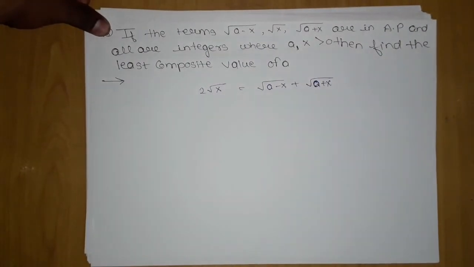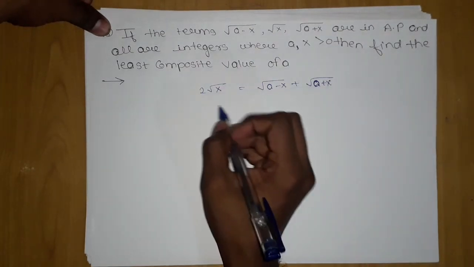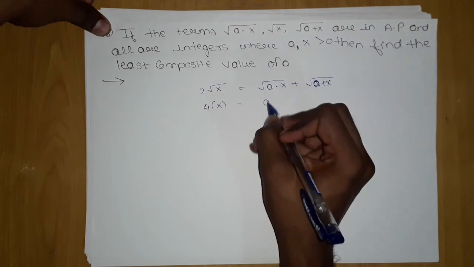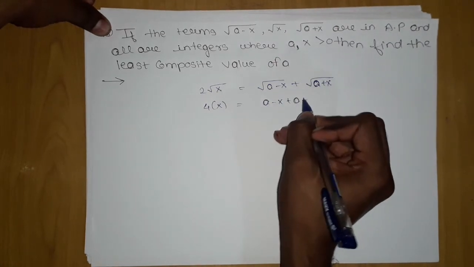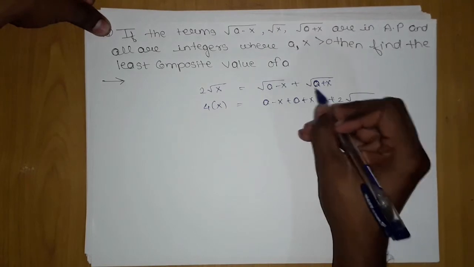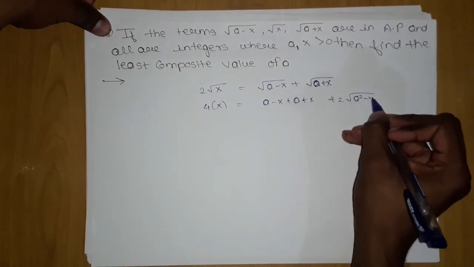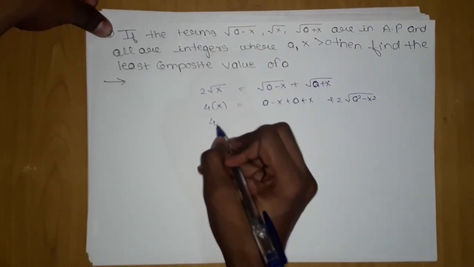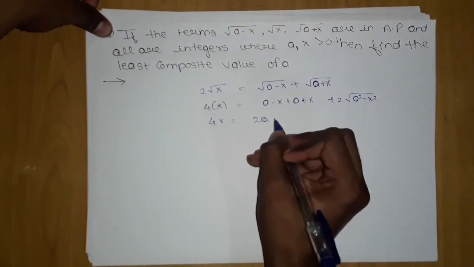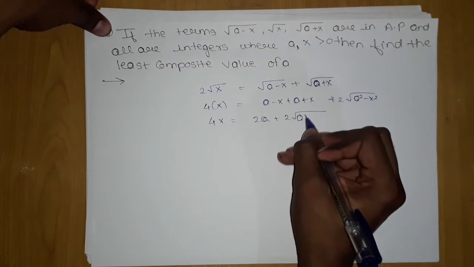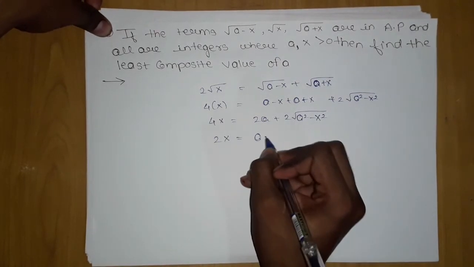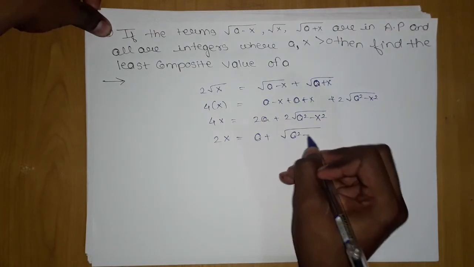Now if you square both sides, 4 into x should be equal to (a minus x) plus (a plus x) plus 2 into under root of the product, which will become a square minus x square. Further, 4x equals 2a plus 2 into under root (a square minus x square). 2 will cancel out, giving me 2x equals a plus under root (a square minus x square).